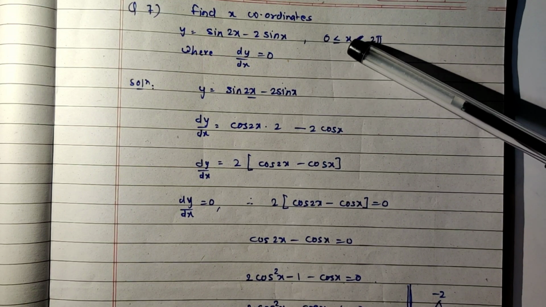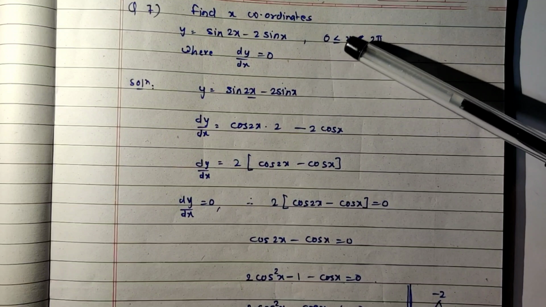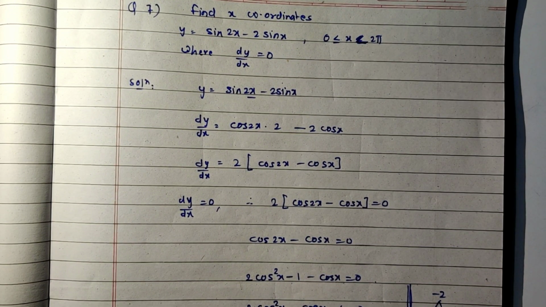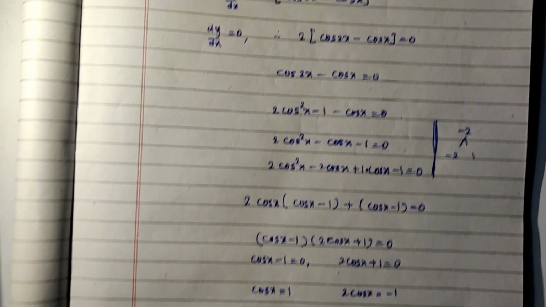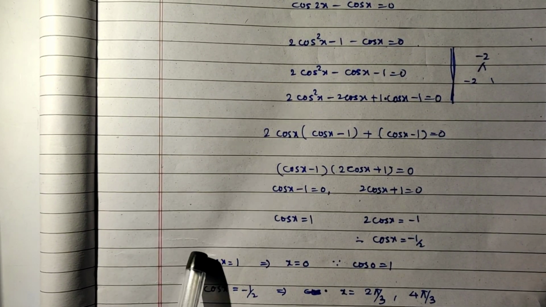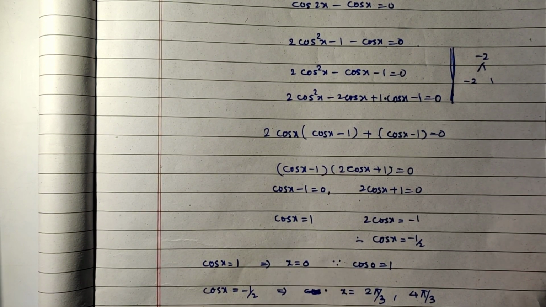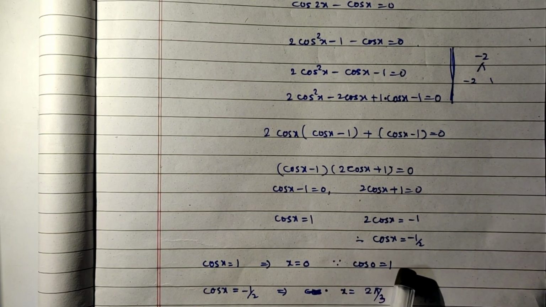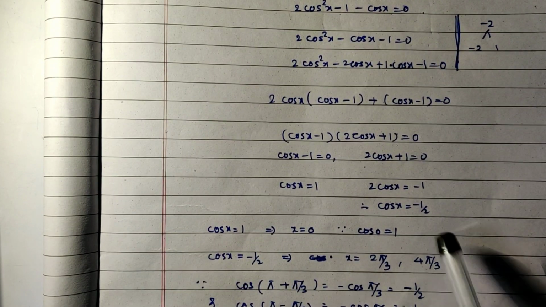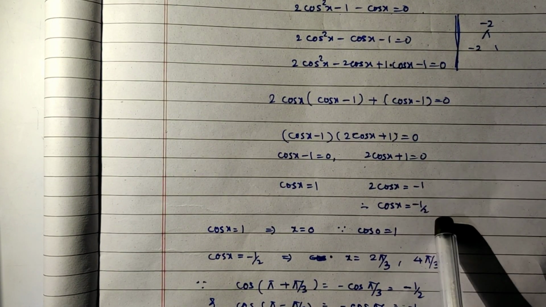So cos of 0 is 1 and cos of 2 pi is 1. So 2 pi will not be taken, x will be 0. Cos of x is equal to 1, so x is 0, because cos of 0 is equal to 1. So x is 0.